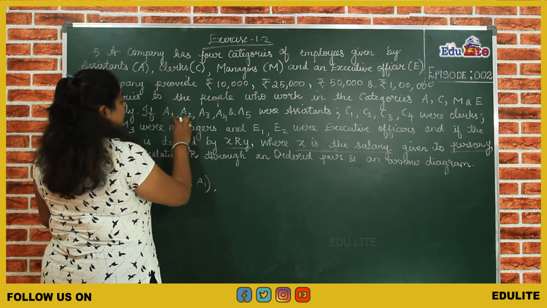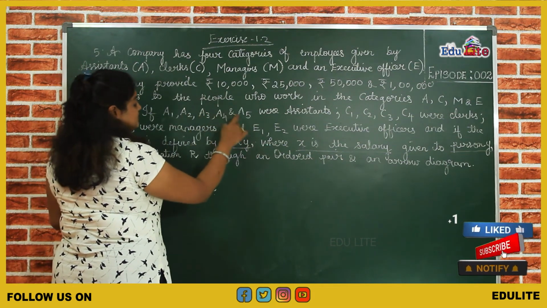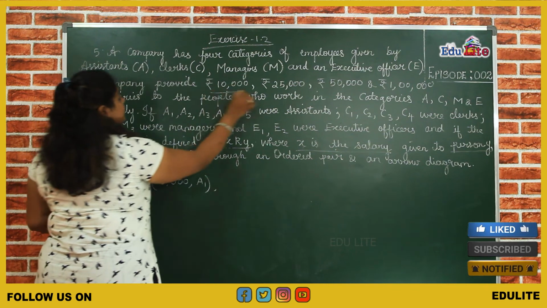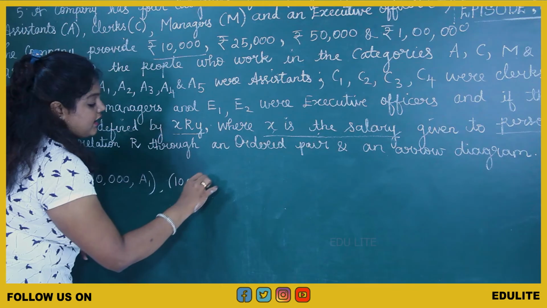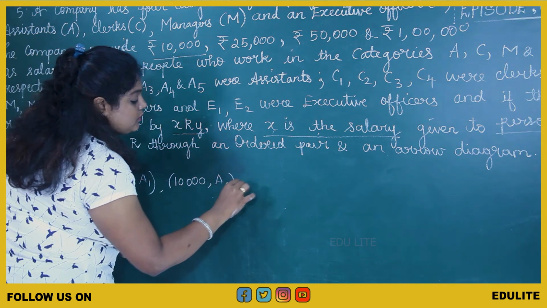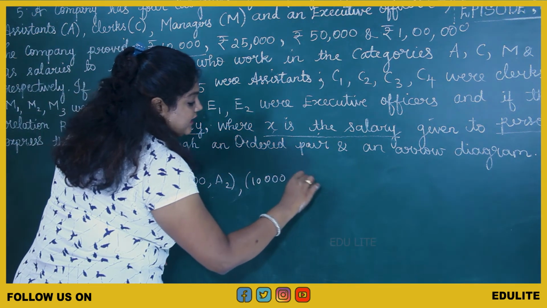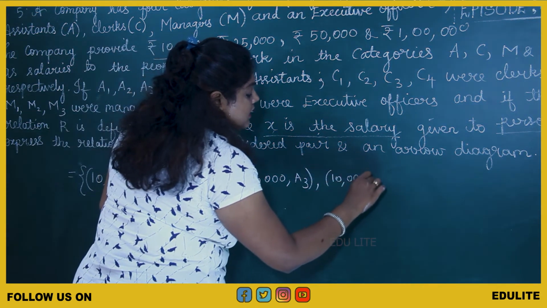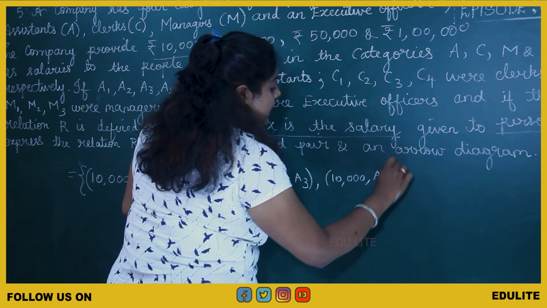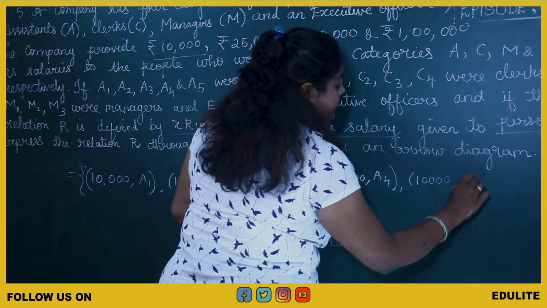So for A1, A2, A3, A4, A5 we have to write. All the 5 assistants have the same salary 10,000. So 10,000, A1. Next will be 10,000, A2, and the next will be 10,000, A3. Next will be 10,000, A4 and the next will be 10,000, A5.